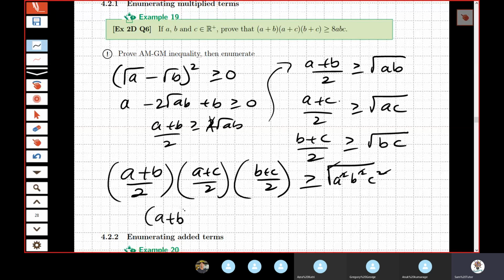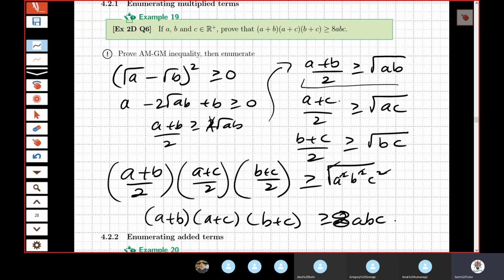And you're done. So it's really important to see that you can get your first result out, because you're not meant to think of this as a whole proof of getting the whole thing out. It's only meant to be the first bit, and then you extrapolate or enumerate the rest.